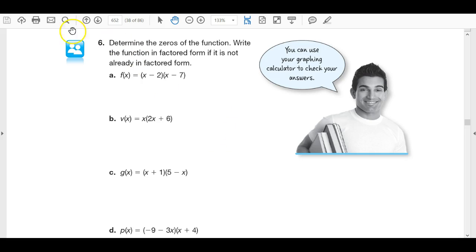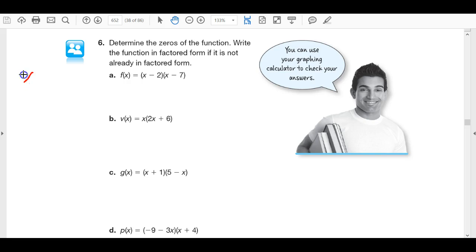The reason I wanted to do that is because I really wanted to show you, here we have this in factored form, right? And we said, looking at this, I know my zeros have to be at 2 and at positive 2 and at positive 7. And I've been telling you we're going to talk about why that is the case. Let's think about this. If this factor is 0, then the whole thing will turn into 0, right?